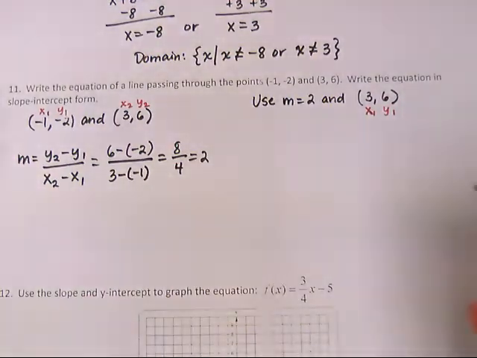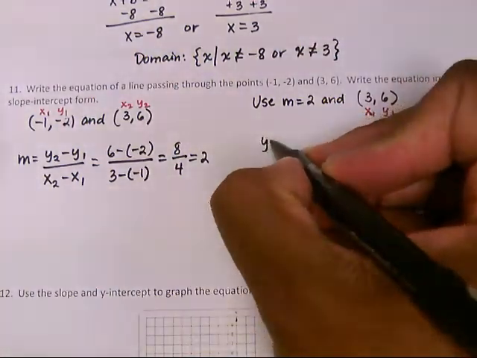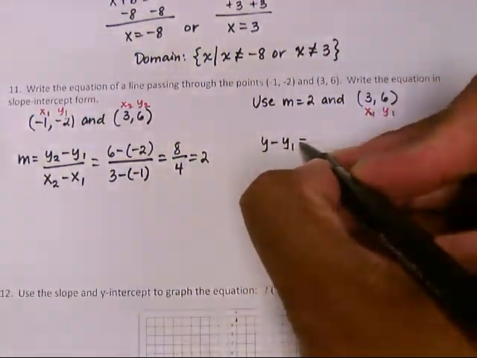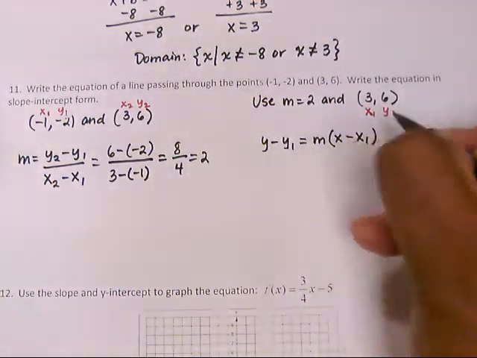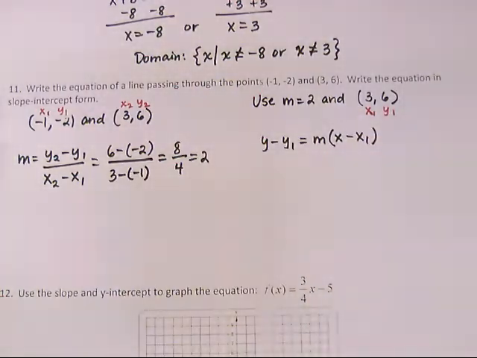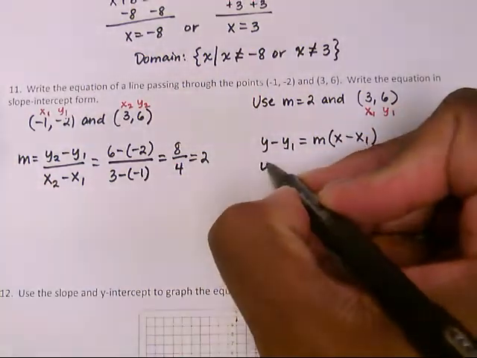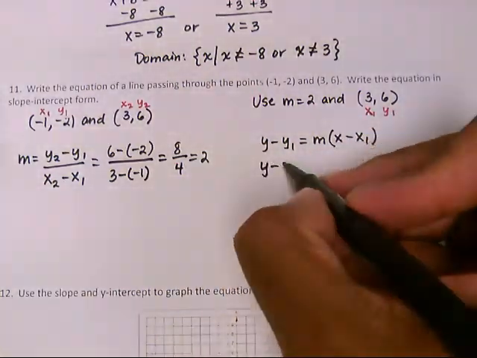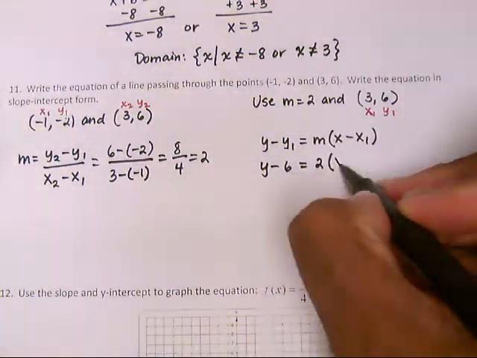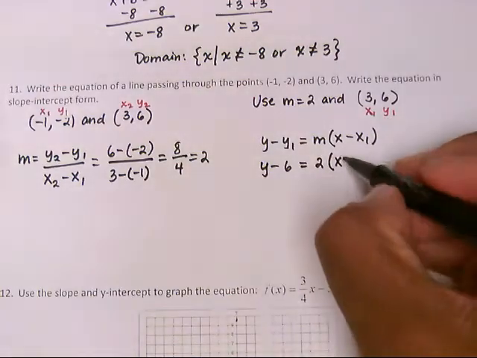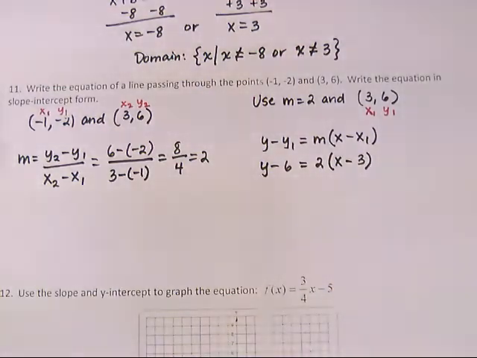Now my point slope form is this: y minus y1 is equal to m times the quantity x minus x1. And then we're going to substitute x1, y1, and m in this point slope form. So here I'm going to have y minus y1, which is 6, equal to m, which is 2, times x minus x1, which is 3.